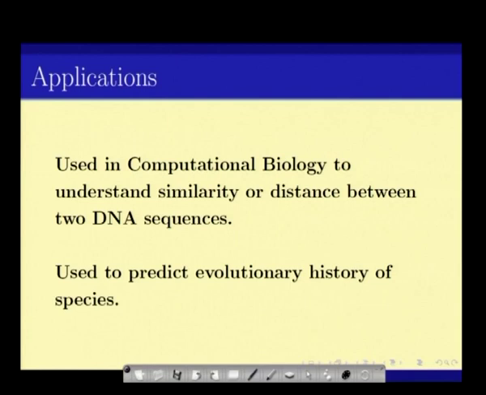Of course, it has applications to computational biology kind of areas where we want to understand the distances between DNA sequences. Also, there is a notion of edit distance between trees, something that I will not be able to describe in this lecture, but the edit distance does not need to always be between sequences, it can also be between trees and so on.